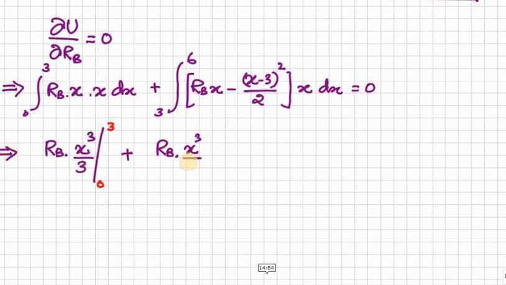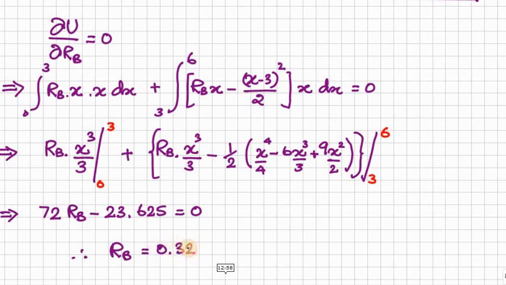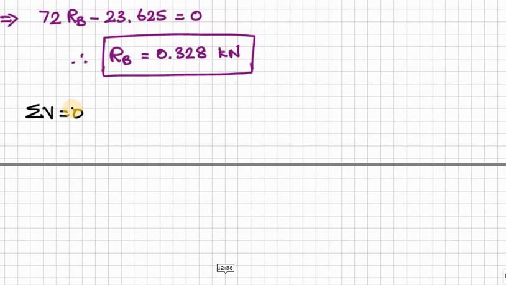Therefore, if you integrate, you will get RB is equal to 0.328 kilonewton. Now you can apply other equilibrium equations to find out the RA and MA.